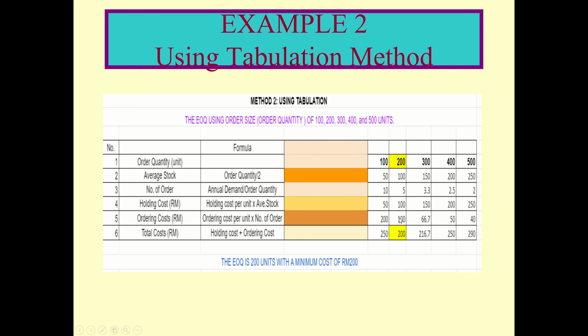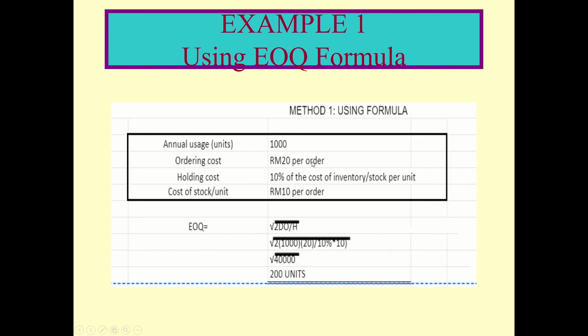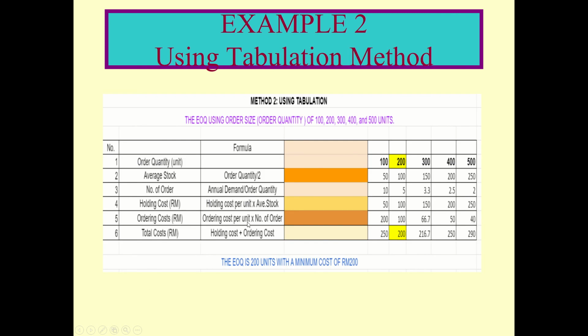And then for ordering cost, the second one, the formula is also the same. Ordering cost is 20 ringgit per order times with the number of order. 20 times 5 equal to 100.